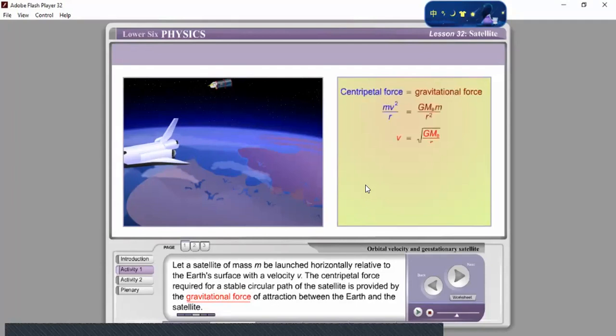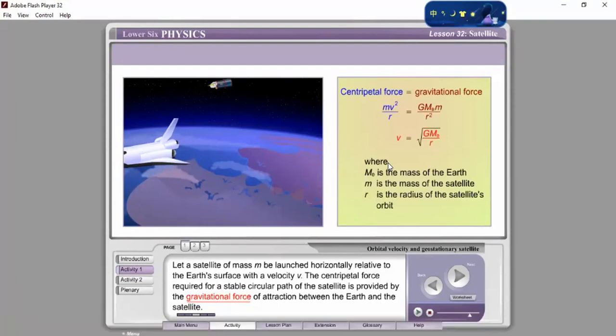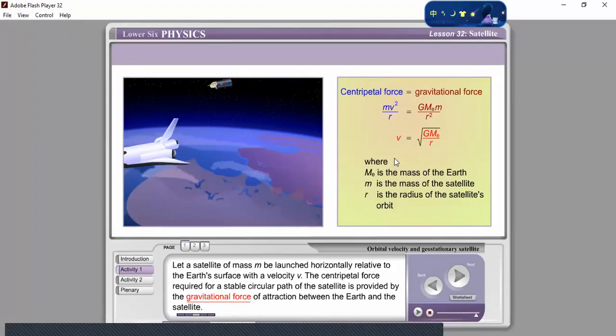Centripetal force equals gravitational force, which implies mv squared over r equals G Me m over r squared, which implies v equals square root of G Me over r, where Me is the mass of the Earth, m is the mass of the satellite, and r is the radius of the satellite's orbit.